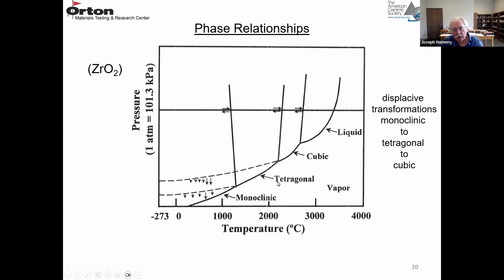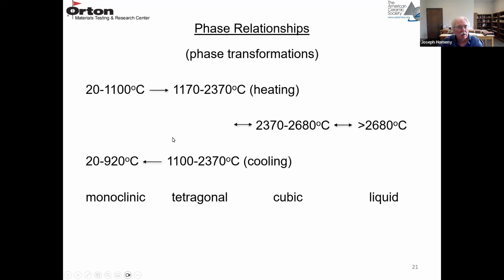So there's a monoclinic, a tetragonal, and a cubic form. The transition from each crystal structure is a displacive transformation, which creates some serious problems during the processing. So these are the phase transformations.